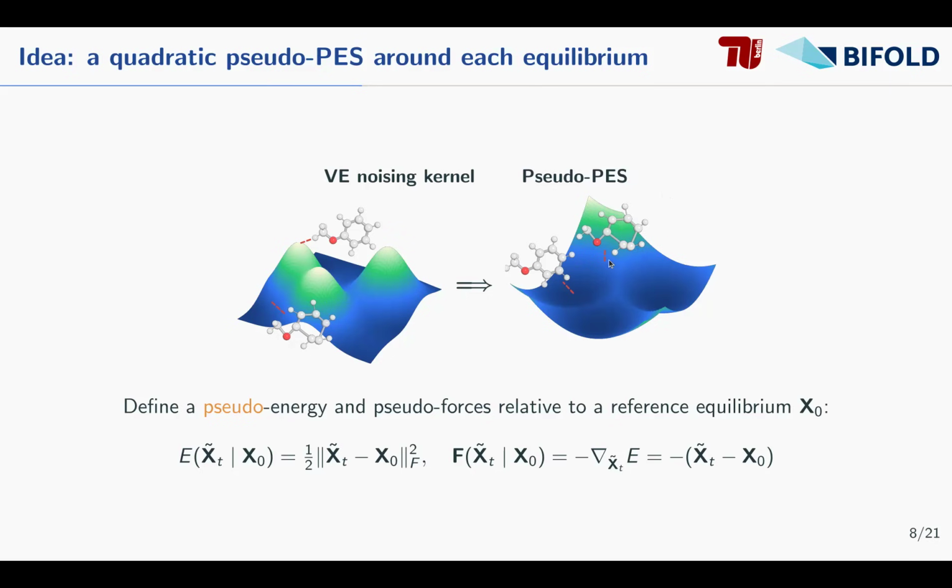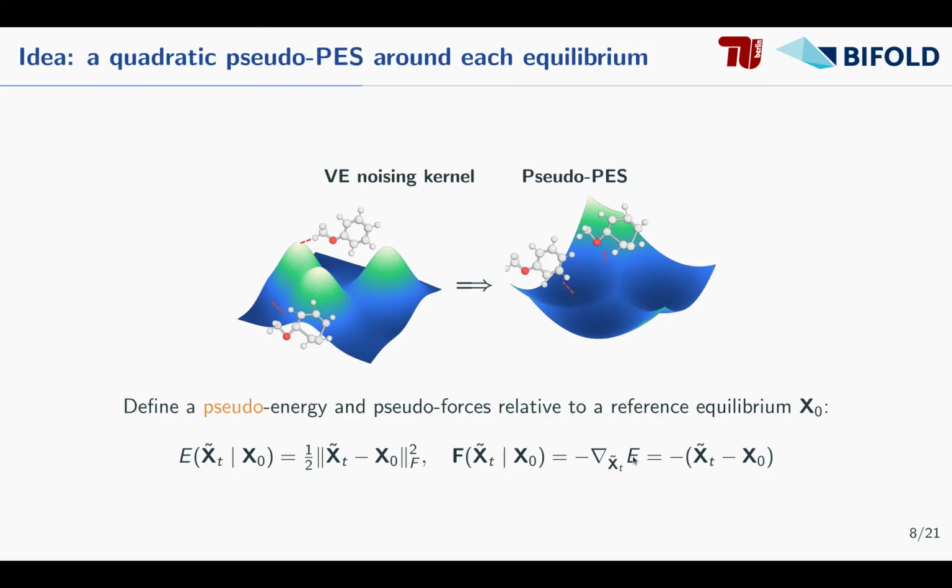Using this pseudo-potential energy surface, we can see here that the energy just depends on the displacement between the noisy structure and its equilibrium structure. And we can easily derive the pseudo-forces by taking the derivative of this energy function with respect to the positions. Then we end up with pseudo-forces, which are effectively just the displacement vector between the non-equilibrium structure and its equilibrium structure. And now this is very easy to compute.